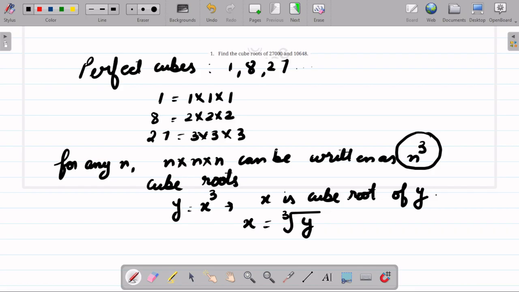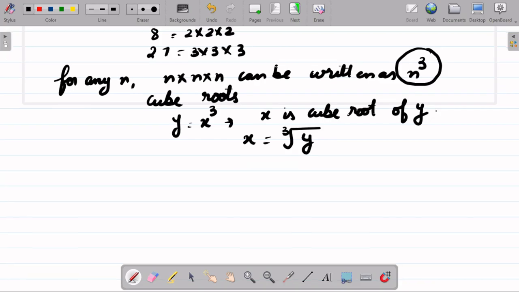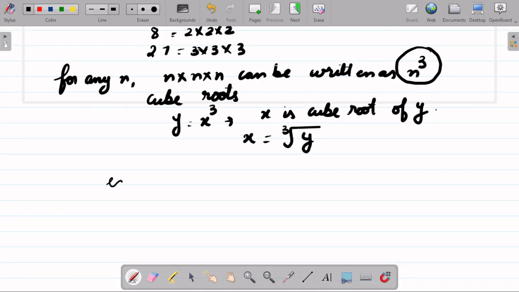Fine. So for an example, 8 can be written as 2 cross 2 cross 2, which can be written in exponential form as 2 raised to 3, right?